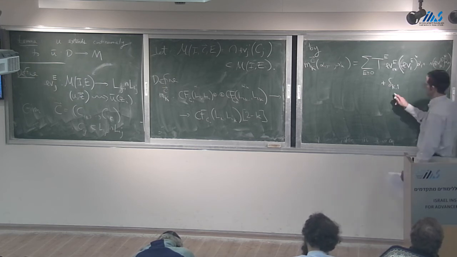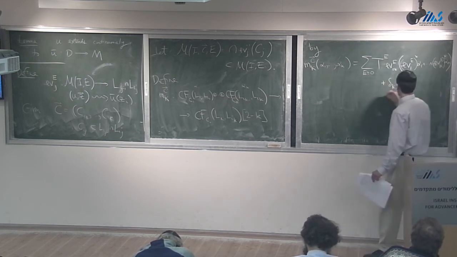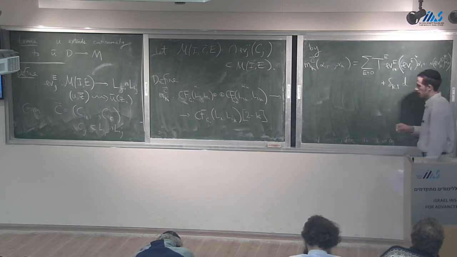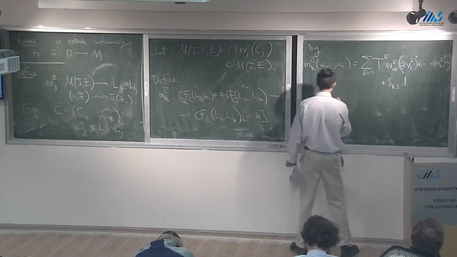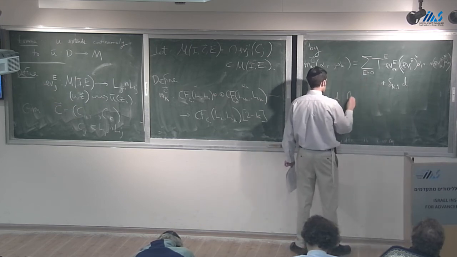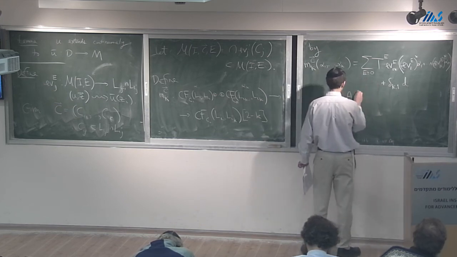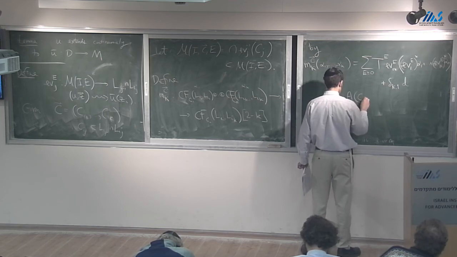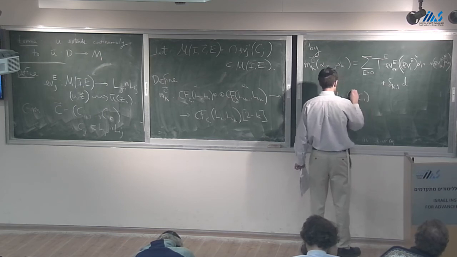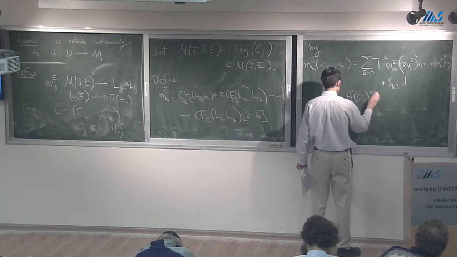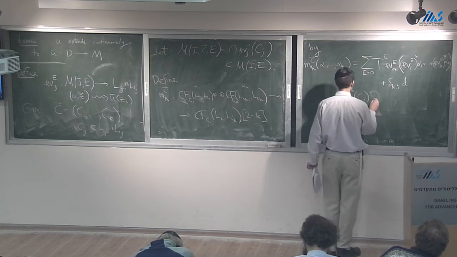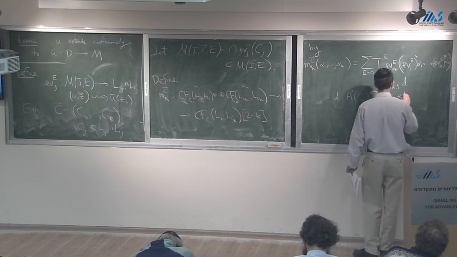Here, what we're going to do is when k is equal to 1, we're going to just put in by hand the de Rham differential. So d here is, we'll just take from, say, C_1 to itself, well, by degree. This is the exterior differential.